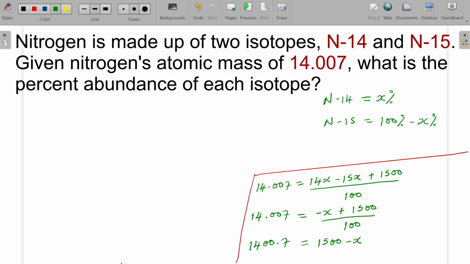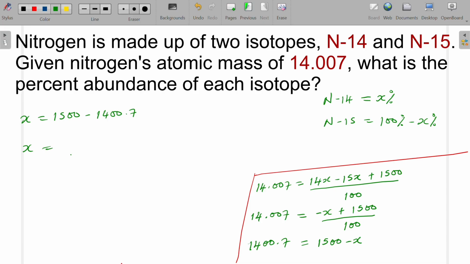So let's do that. What we have now is x is equal to 1500 minus 1400.7.